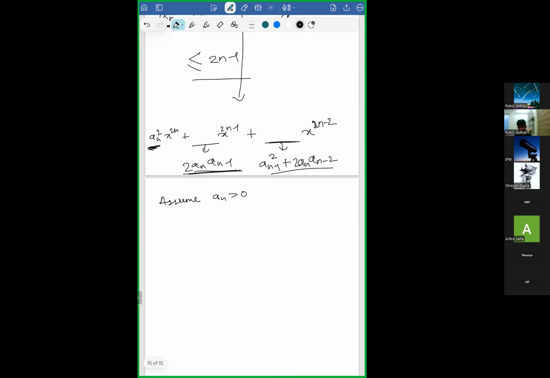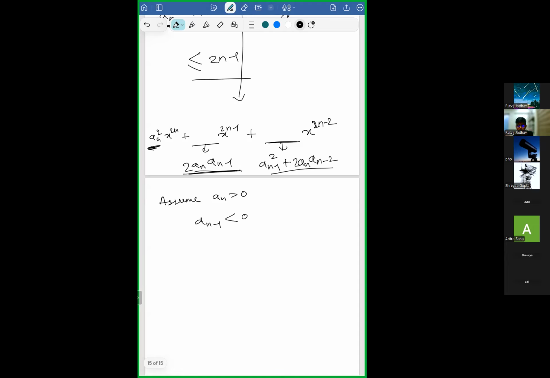And as a n is greater than 0, and we assume that the entire coefficient itself is negative, we will get that a n minus 1 is less than 0. Is this fine?